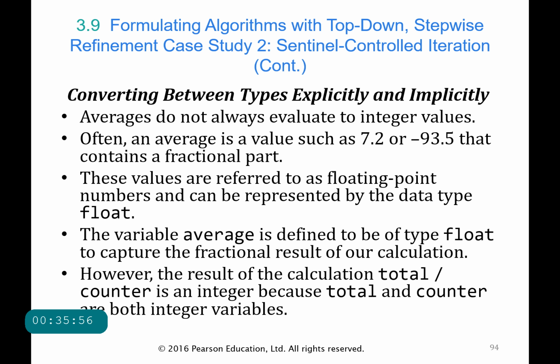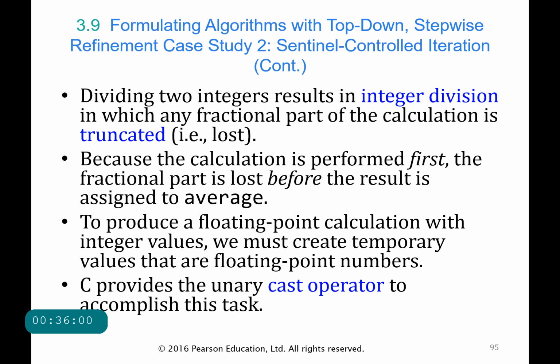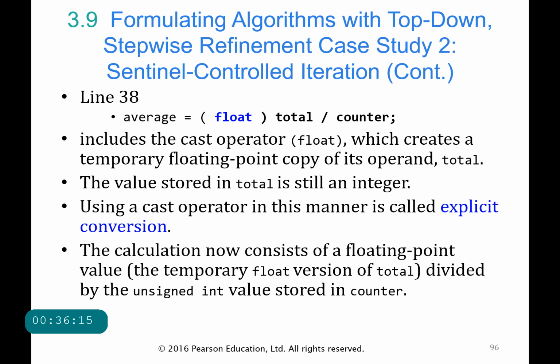Now, one more thing I want to tell you is that what you're doing here is called casting. You are converting an integer value to a floating point value, or an integer variable into a decimal variable.